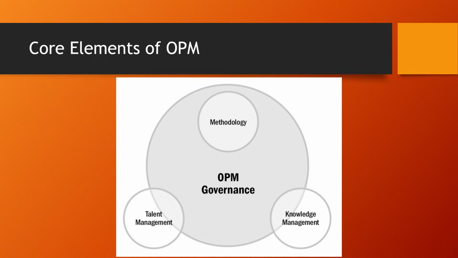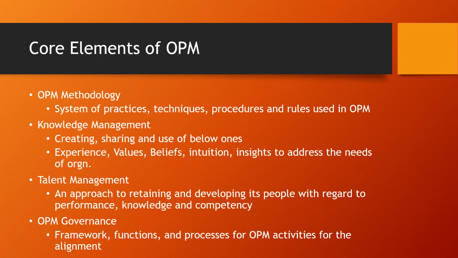The main element is OPM governance, and it supersets OPM methodology. So OPM methodology, which is a core element in the OPM framework, is a subset of your OPM governance. In addition to these two, we have talent management and knowledge management. Let's look at each of the four in detail.